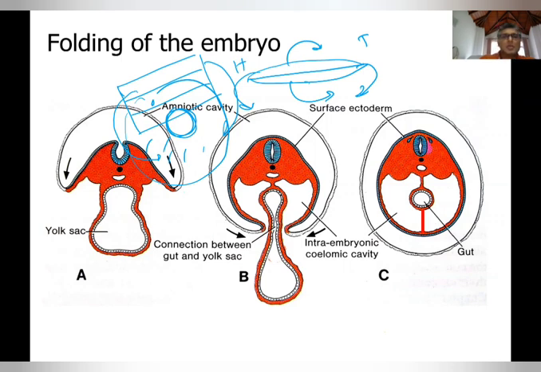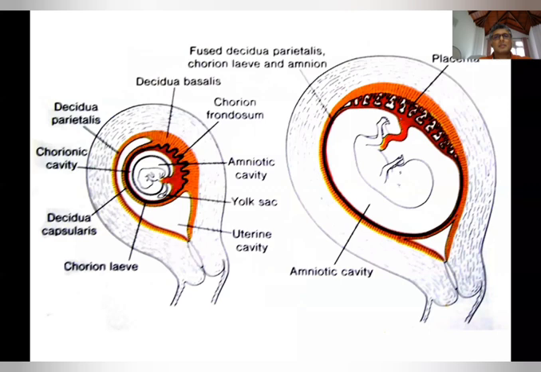So this is the embryo with the ectoderm here, the gut developing from the endoderm, and this is your amniotic cavity, which was above here. Because of this folding, it comes to cover the whole fetus, and all around you get the amniotic cavity. Outside this, you get the chorionic cavity, which I mentioned in the extra embryonic mesoderm cavity. I don't know whether you grasp this very well.